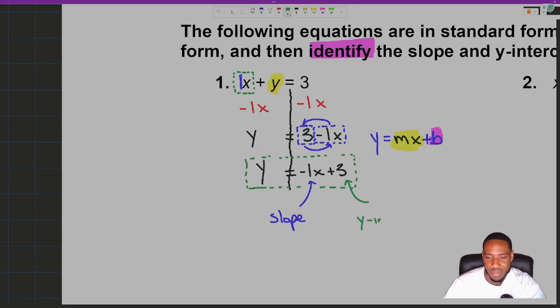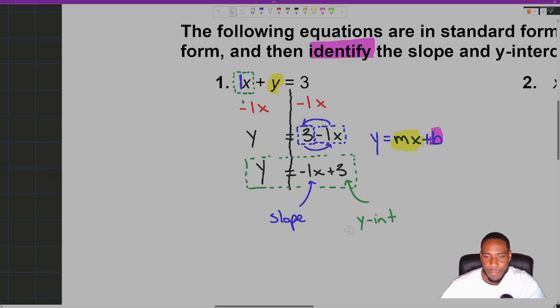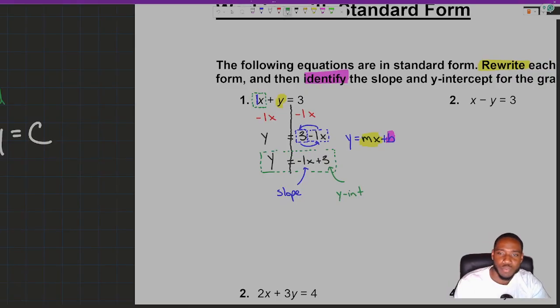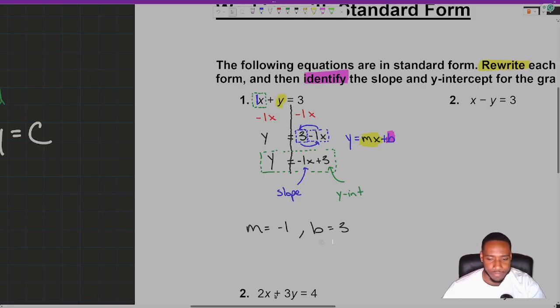That is 3. Okay? So I don't want you to express it like that. What I want you to do is to write it as a set of equations. M is equal to negative 1. B is equal to 3. All right? And that's going to be our first equation taken care of.